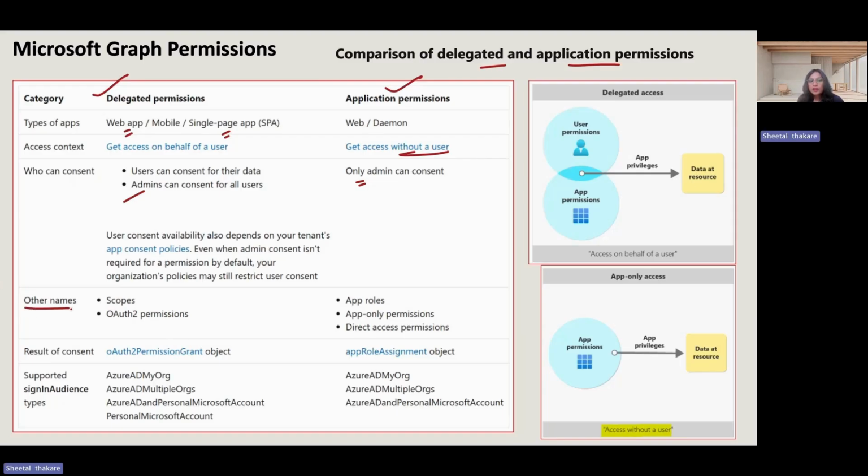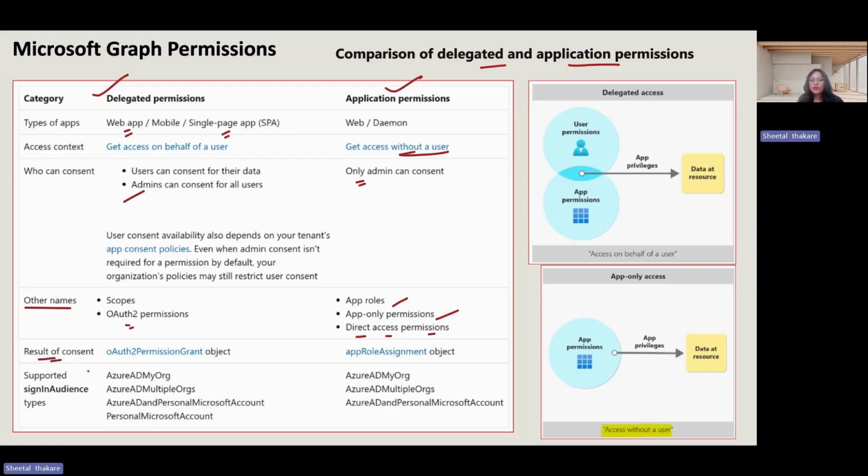What are the other names for the delegated permissions? Scopes, OAuth2 permissions. Whereas for the application permissions, app roles, they are also known as app-only permissions. Application permissions are also referred as direct access permissions.